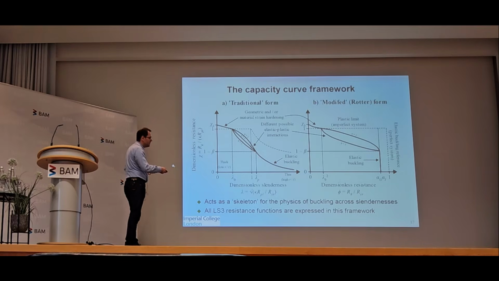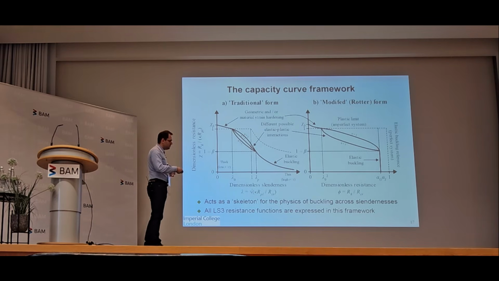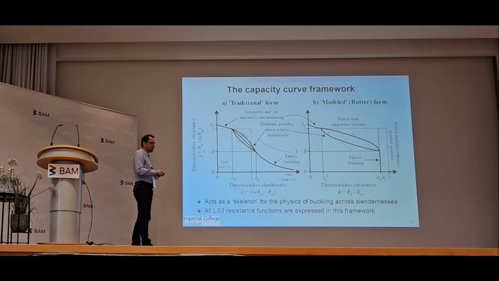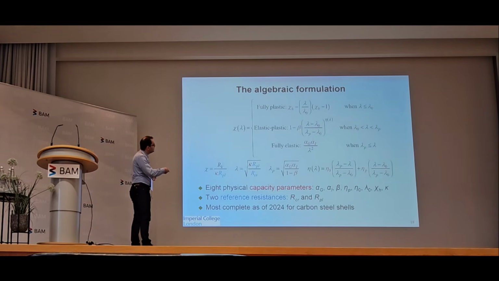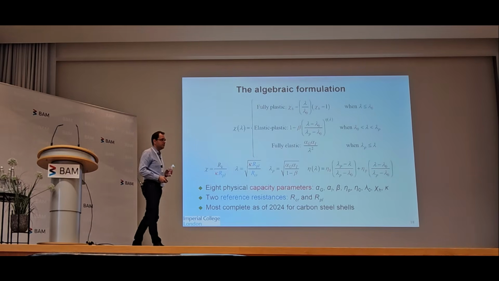It doesn't introduce anything new. It's just a different view. The designer doesn't actually use it. It's more a research tool to extract these parameters more conveniently, but the designer's curve is given in terms of lambda, in terms of the slenderness.